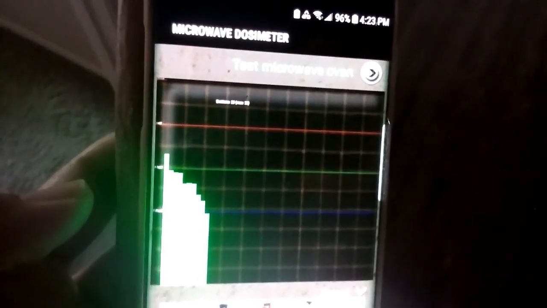So this app, this microwave dosimeter, is really the only one I could find at the moment that measures this particular band of frequencies. It's very small. I don't think you can see with this camera these measurements here on the left side of the graph. It's measuring in microwatts, which is really what you want to be looking for as a measurement.